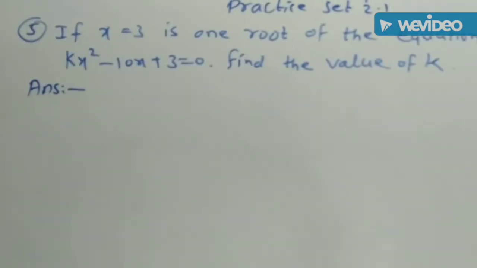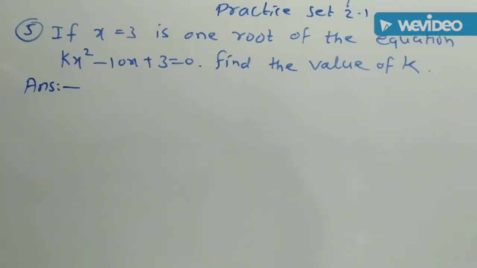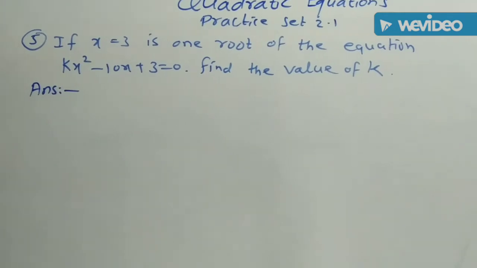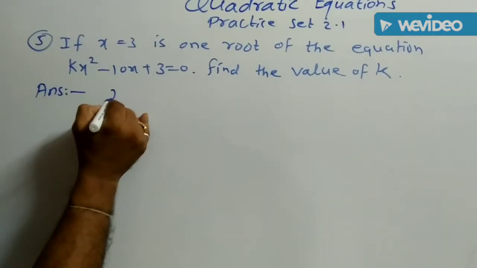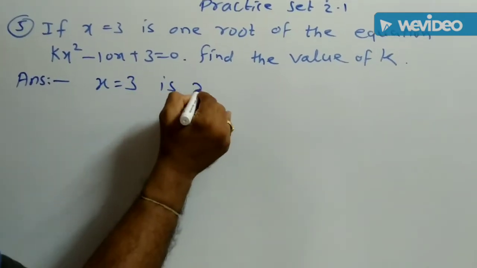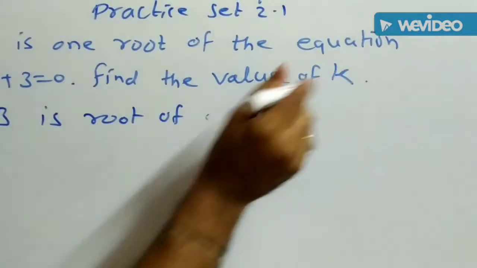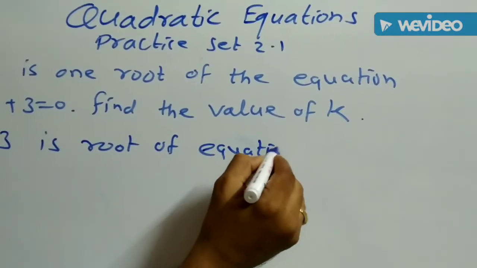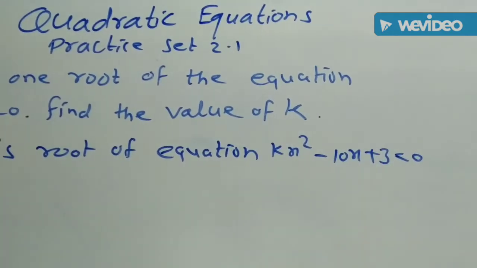Next example: if x = 3 is one root of the equation kx² − 10x + 3 = 0, find the value of k. We are given that x = 3 is a root of the equation kx² − 10x + 3 = 0.